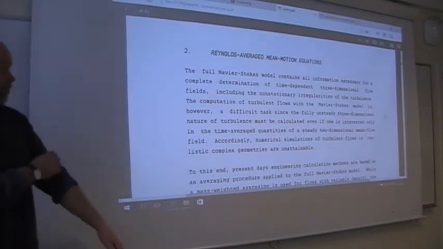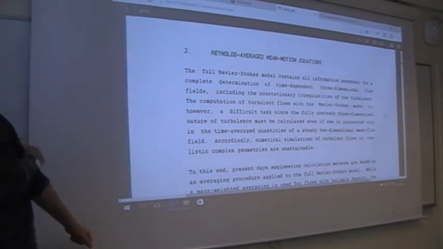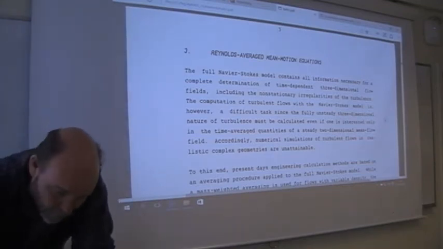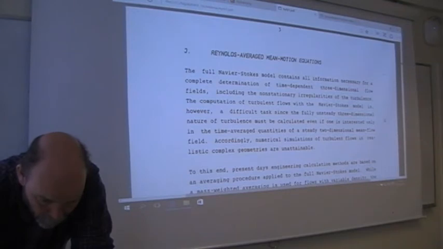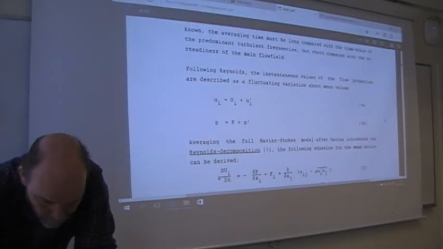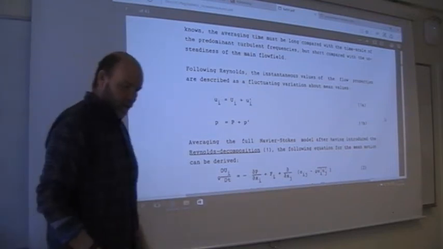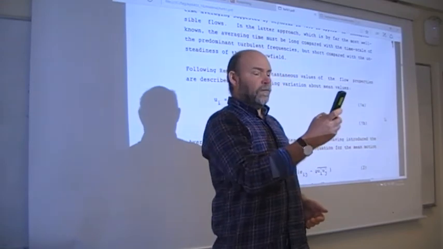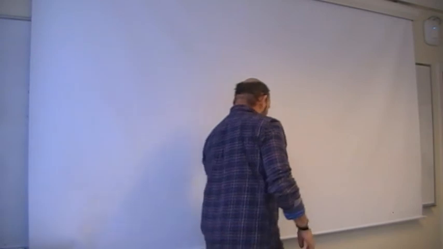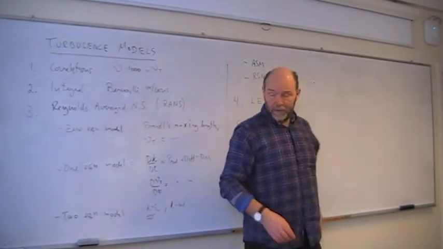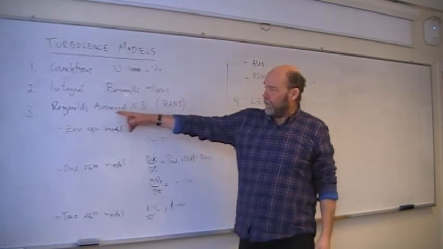Now, about the Reynolds averaged mean motion equation. The chapter 3 that I had on the whiteboard, the Reynolds family. So the philosophy is listed here, but I can give you a brief overview of it. I guess some of you know it already, but if you've never seen this before, then it is quite essential for family number 3.